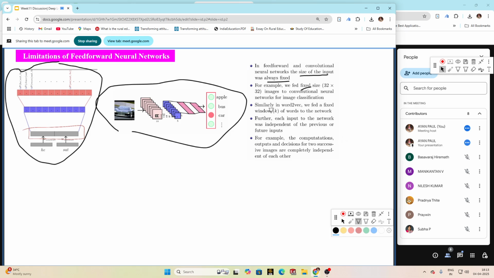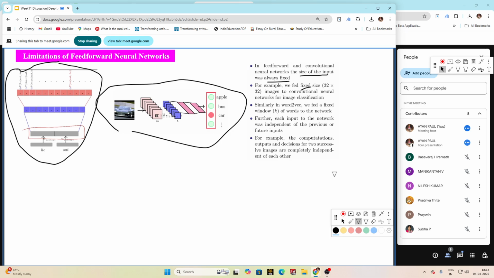For example, the window size here is 2, so the input size is 2 times the vocabulary size. So the size of the input is fixed for both the feed forward and the convolutional neural network.